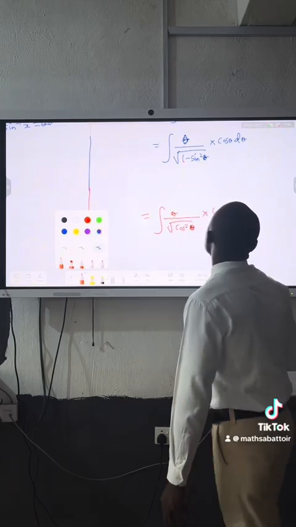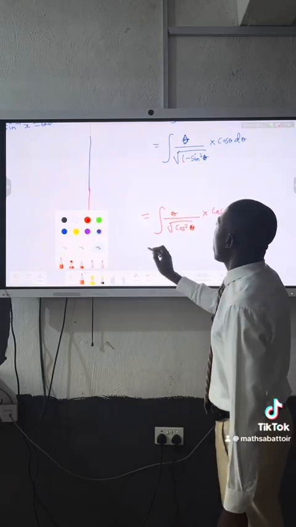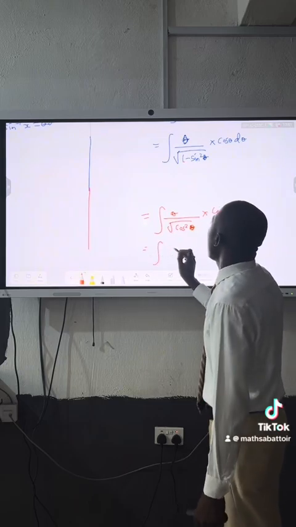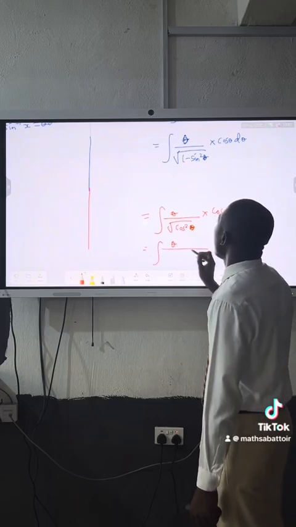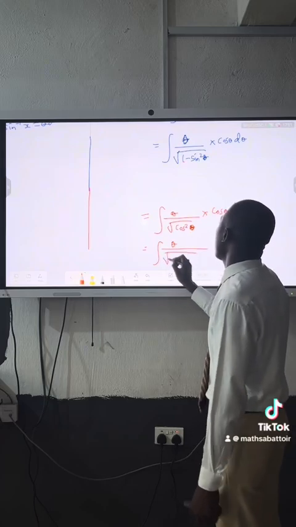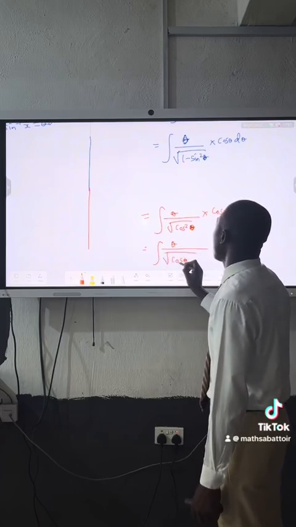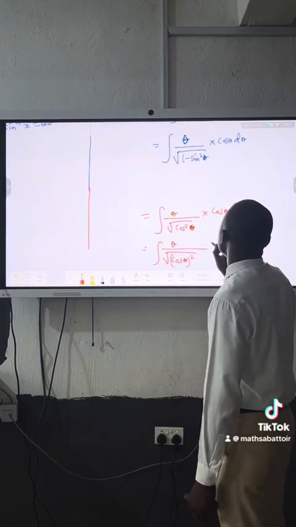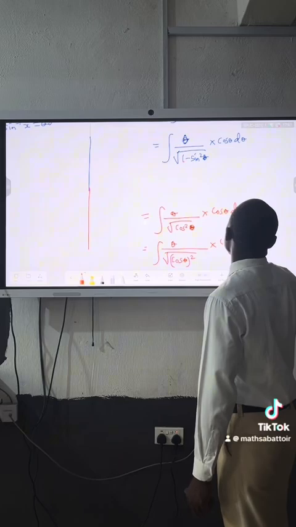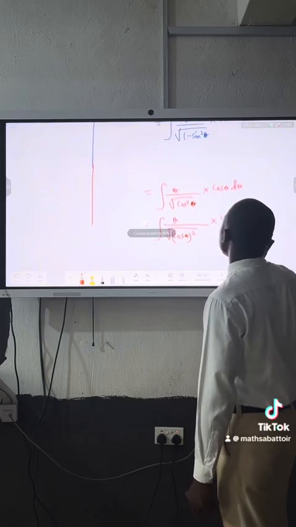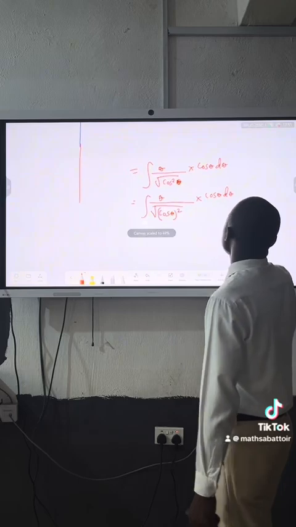Okay, so now this can be written as the integral of theta all over the square root of cos theta all squared, multiplied by cos theta d theta. We're almost done, just try and follow on.